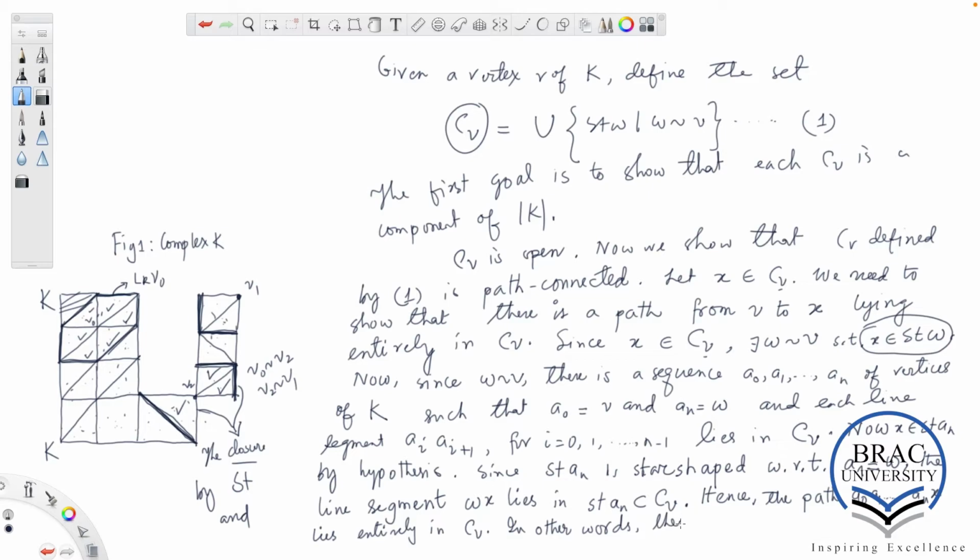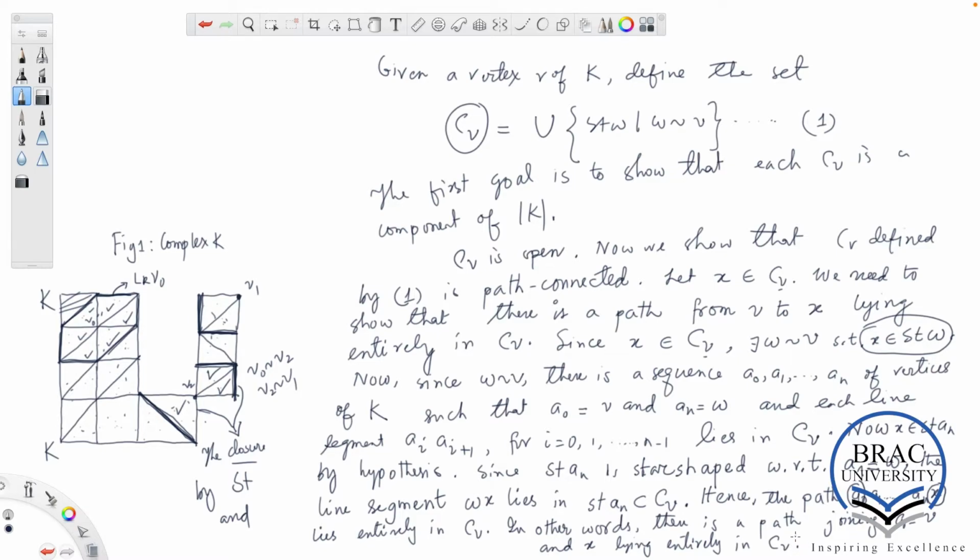Okay, in other words, there is a path joining this point A0, which is just the vertex V, and this point X, and lying entirely in the set CV, right?